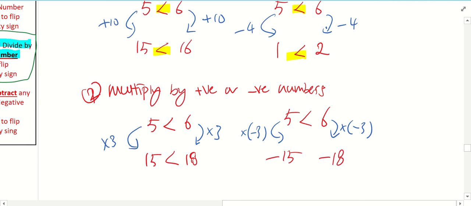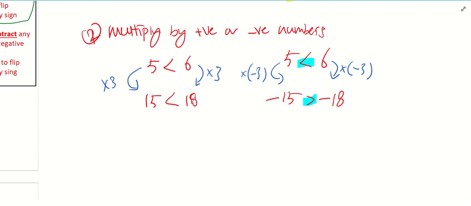If you're familiar with negative numbers, you would know that negative 15 is in fact greater than negative 18. So you realize there is a problem: the inequality sign has changed. This is what happens if we multiply both sides of an inequality by a negative number. The sign would change immediately.